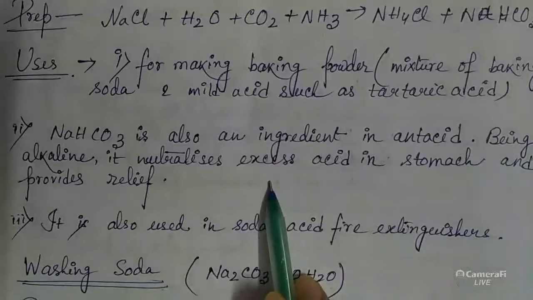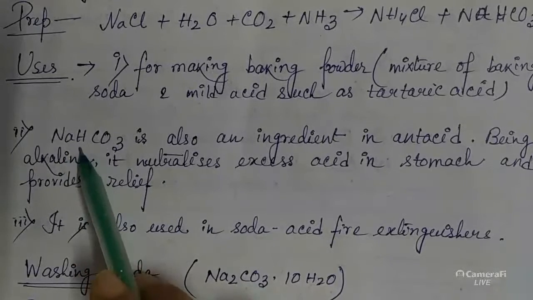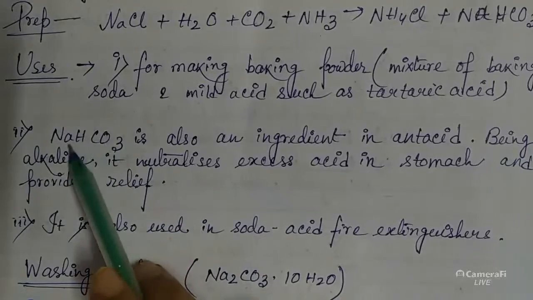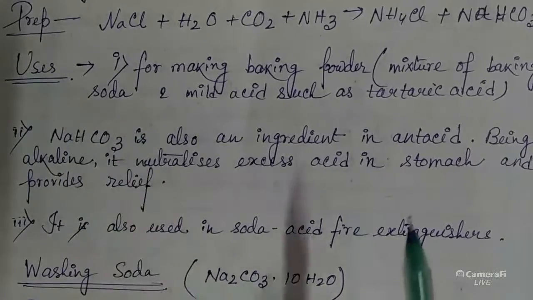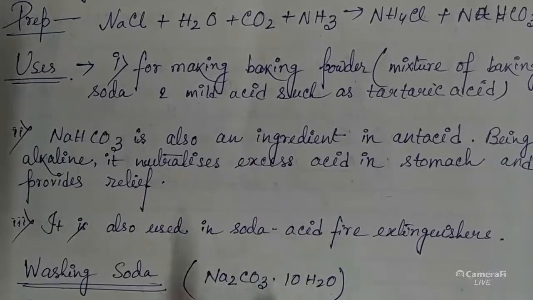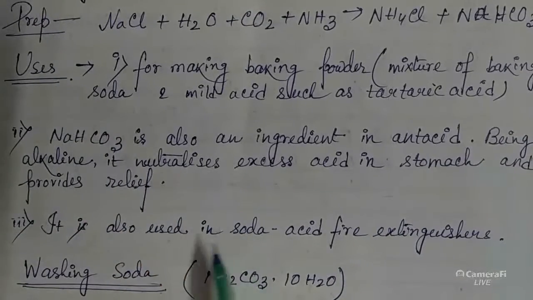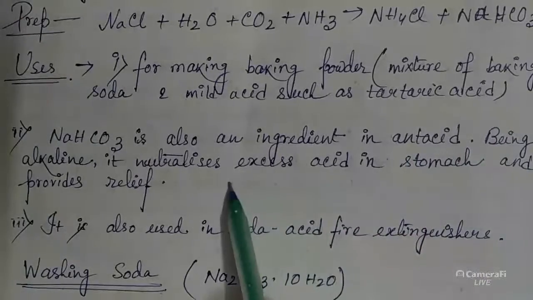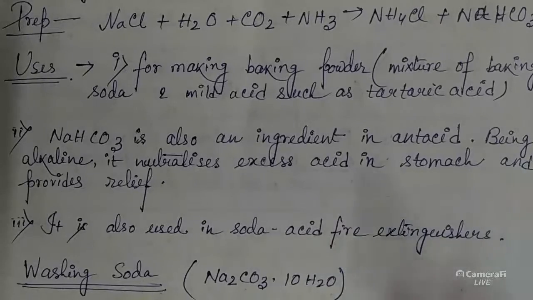This is antacid. Not only sodium hydrogen carbonate is used in antacid. Sodium hydrogen carbonate is one of the reagents for making the antacid. Another substance will be used for the antacid, but it is one of the substances which is used for making antacid and which can neutralize the excess acid in our stomach and provide relief from acidity.